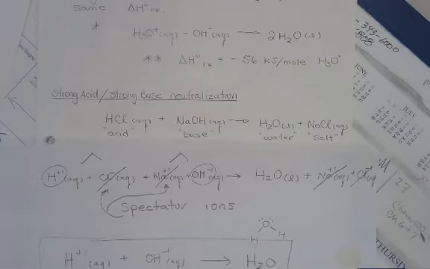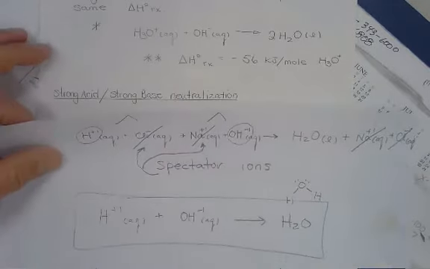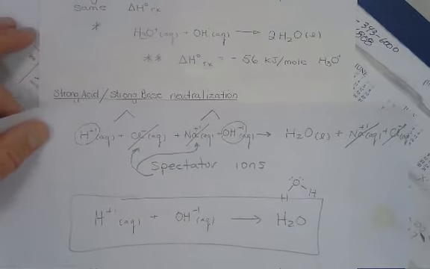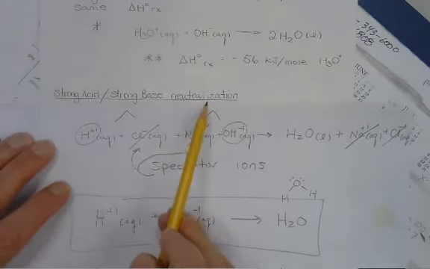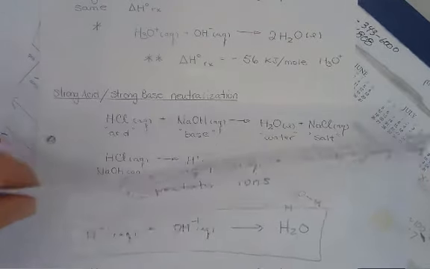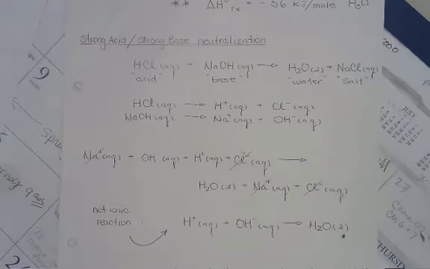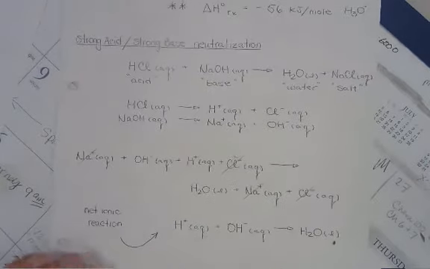If I drew the beaker, you'd see nothing happen to them all the way through the process. So the net ionic reaction for any strong acid and strong base is H plus plus OH minus makes water. All that other stuff cancels out, and that's what we wind up with.